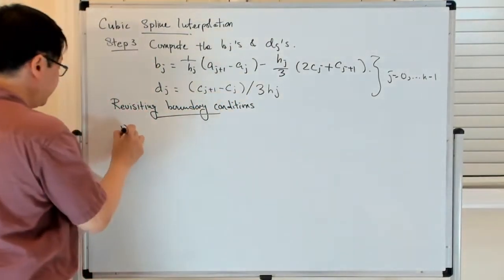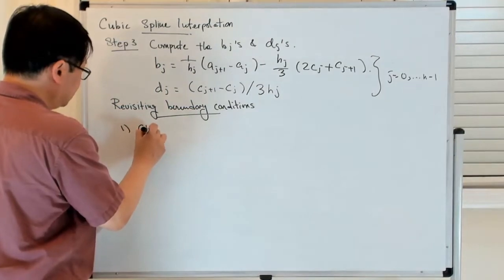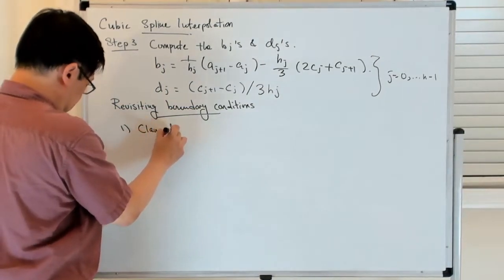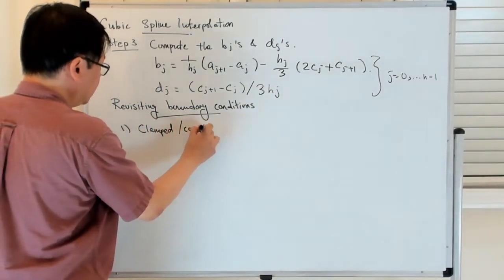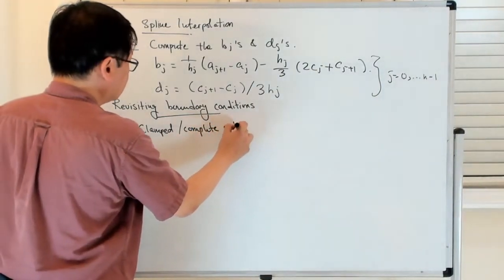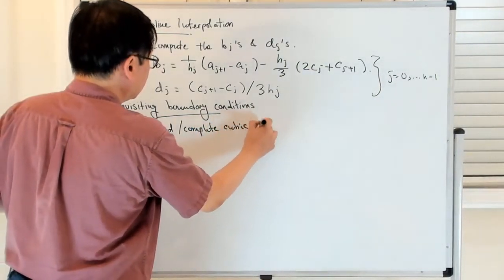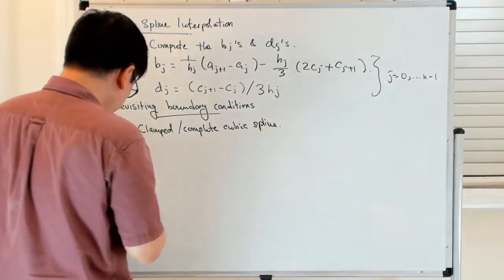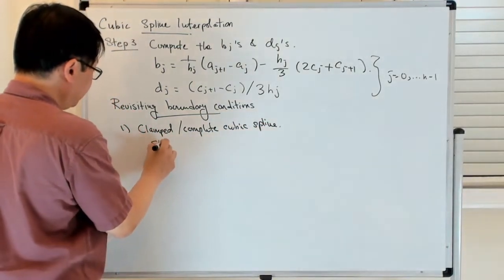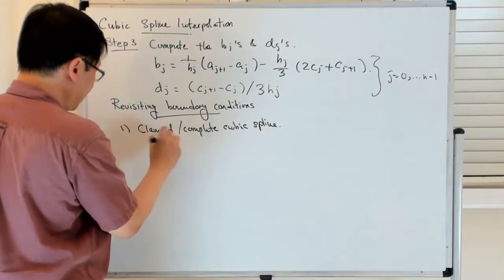There were 3 of them, one of which was the clamped or complete cubic spline. That involves prescribing the derivative of the spline at the endpoints.